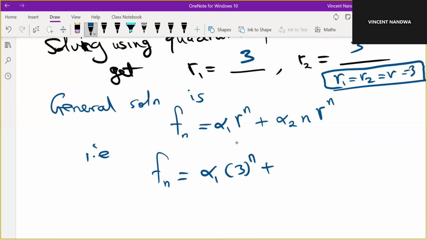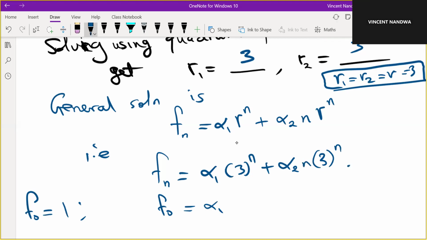So if we are not given extra conditions, then we'll actually stop at this point. But because we have extra conditions, we have to go further and get the values of alpha 1 and alpha 2. So we have been told that F0 in this problem is given by 1. So F0 is alpha 1 times 3 power 0, plus alpha 2 times 0 times 3 power 0, and this would give us 1.